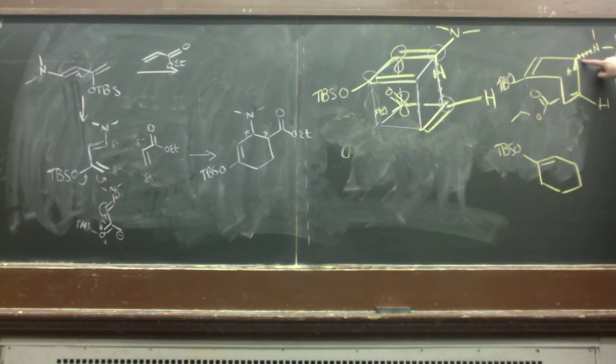We have this carbon here is going to be this carbon here, and this carbon here is going to be this carbon here. So when we look at this one, I think we can tell pretty quickly which one we're going to be looking at first, right? Which one's going to be coming towards us, the proton or the ester? It's pretty obvious with this one. The proton is coming towards us, the ester is going away.